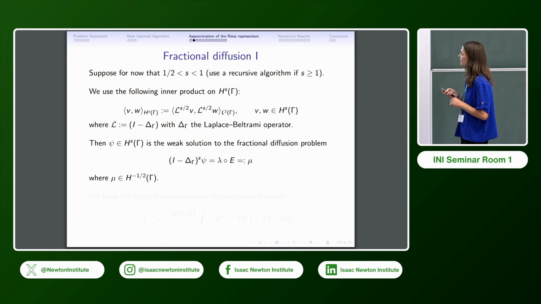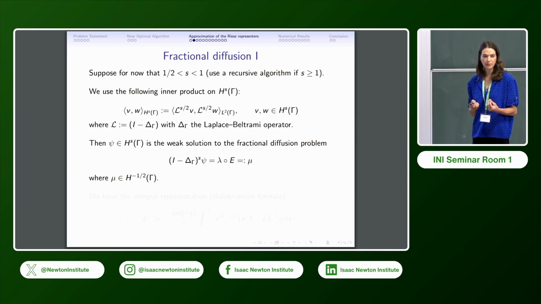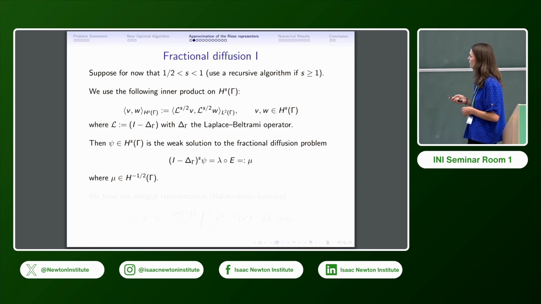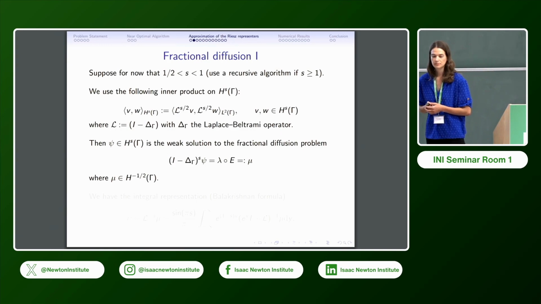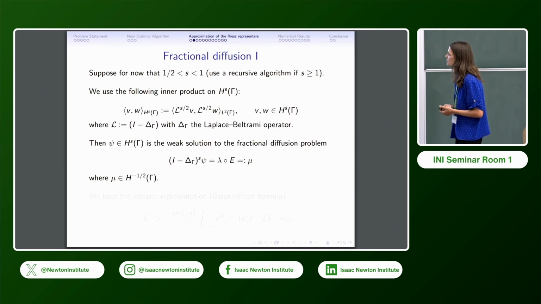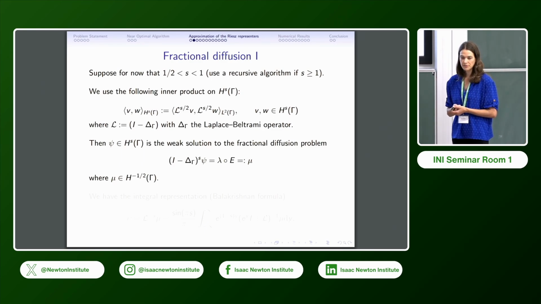The key point is that now with this, my psi, which is the trace of my Ritz representer, is the solution to this fractional diffusion problem. So here you have L to the S of psi equal to the lambda composed with E. And one of the key points is that mu, the composition, is not regular, it is in H to the minus 1/2.